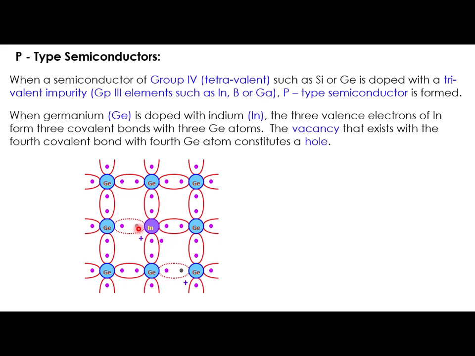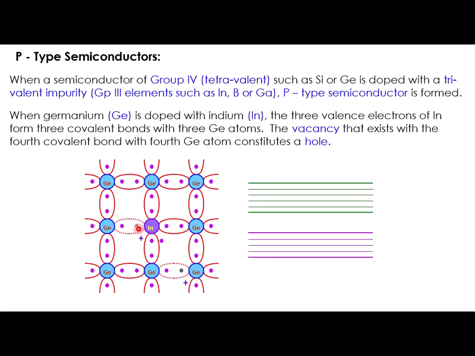To understand this more clearly, let us consider the band diagram. In this band diagram, this is the valence band, this is the conduction band of germanium, and this is the band gap, which is 0.74 electron volt, and this is the acceptor energy level.